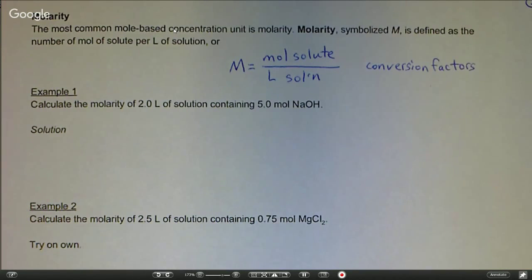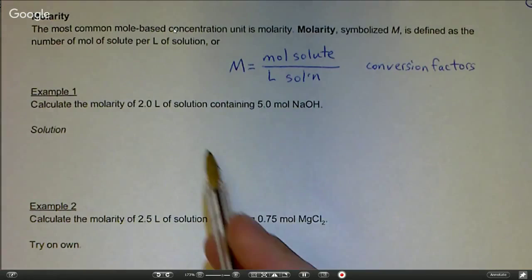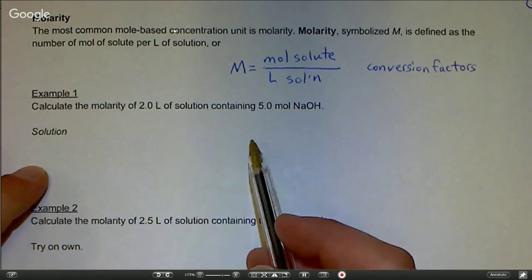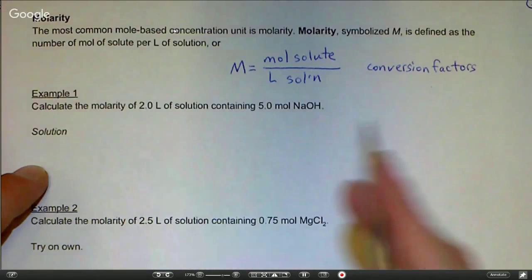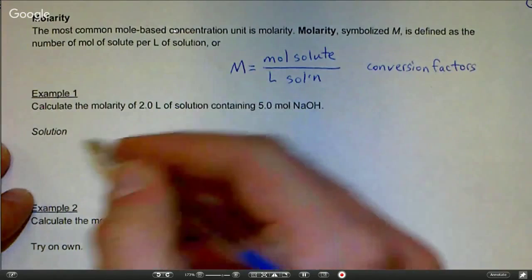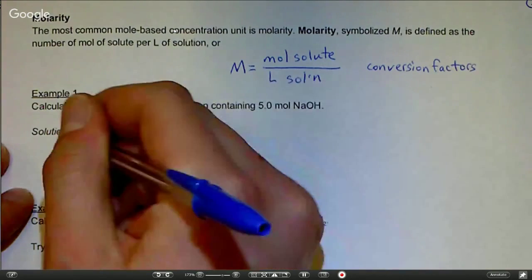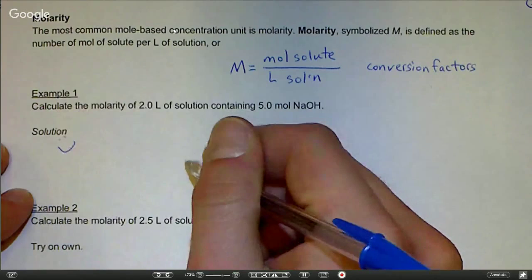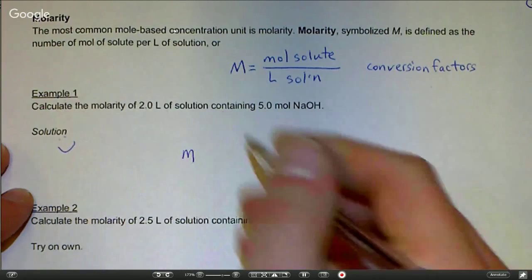So let's just dive right in. Example 1: calculate the molarity of a 2.0 liter solution that has 5 moles of sodium hydroxide. Again, we know our equation from up above. So our solution, no pun intended, we have the molarity for this sodium hydroxide.